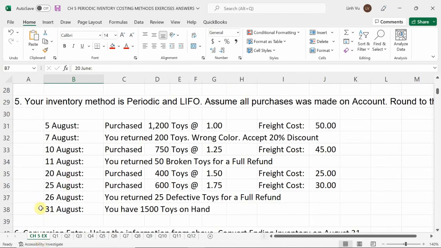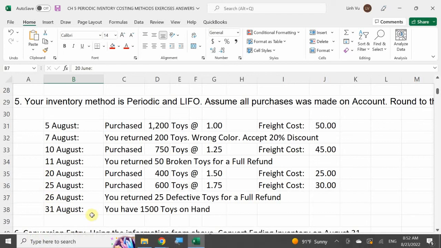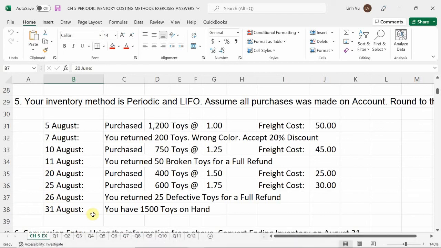Next, on August 20th, we end up purchasing 400 units at $1.50 with a freight of 25. So 400 at $1.50 with a freight of 25.